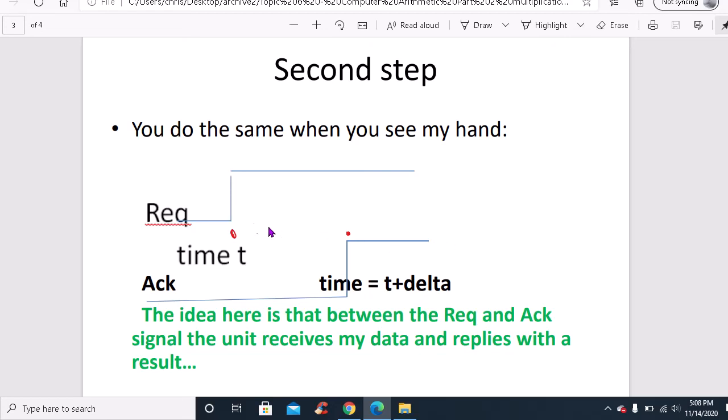And in between, when I send you a request, typically what I'm going to do is get some data ready to send to you, and on receipt of that data, you will process it and give me a reply, possibly in the form of a computation on that data.